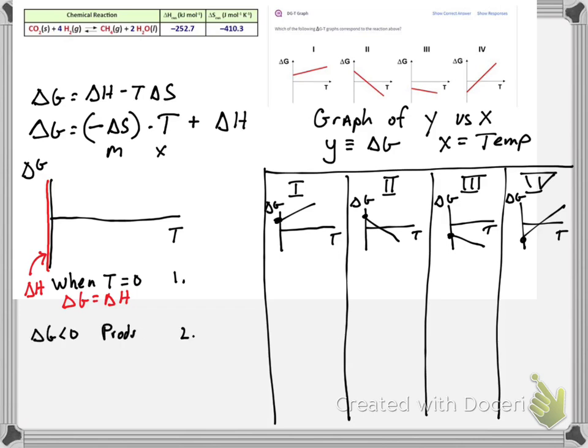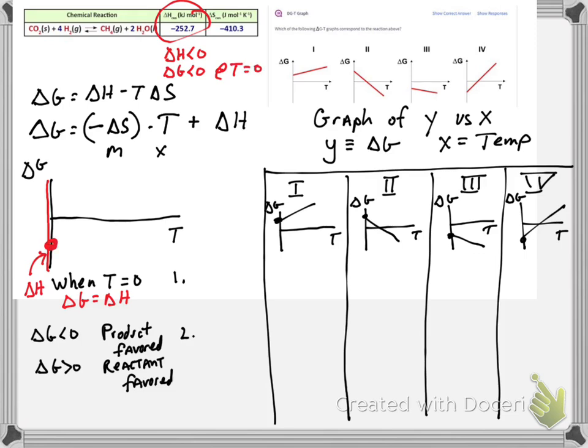The second thing is to recognize that any value of delta G that's negative is product favored, and any value of delta G that's positive is reactant favored. So we look for the sign. Delta H is less than 0, and at T equals 0 we can put the first point.